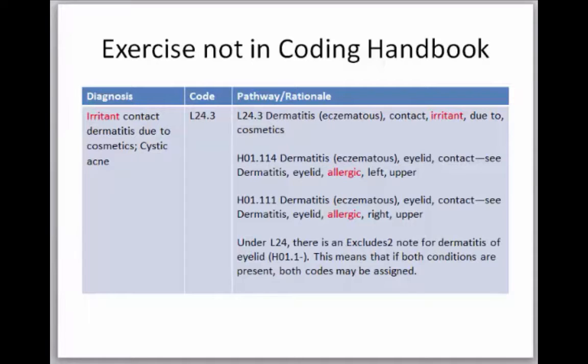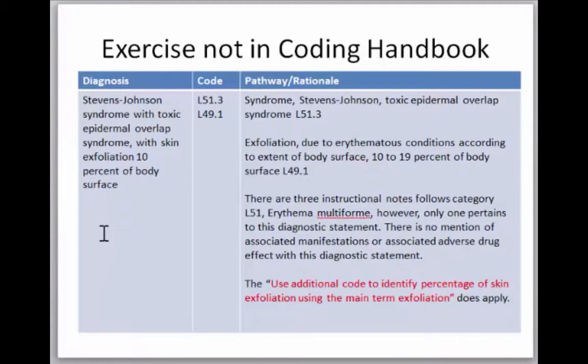How a doctor would know the difference, I have no idea. But the code book tells us that because of that Excludes2 note, we could code both at the same time.